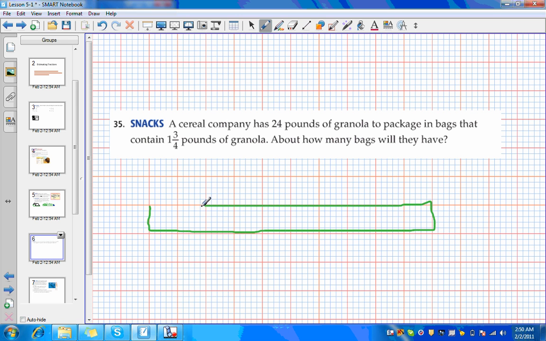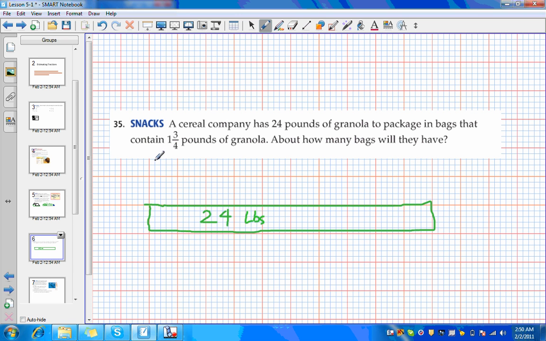So here we go. The whole amount of granola, this value, is 24 pounds. And this is the abbreviation for pounds. Now we need to figure out how many bags. In each bag, there's about 1 3/4 pounds.